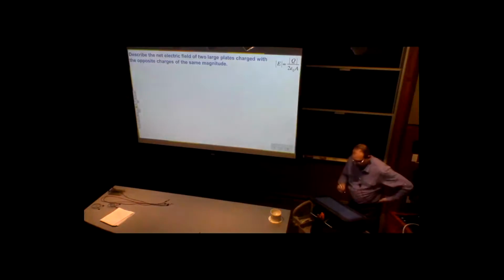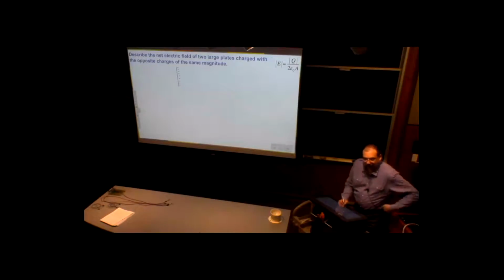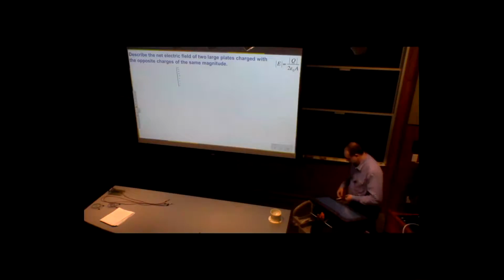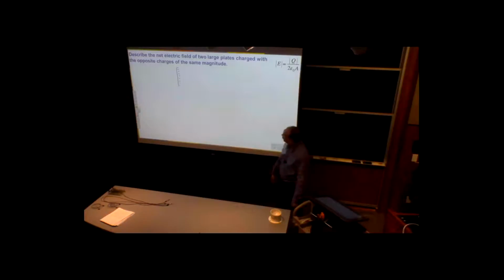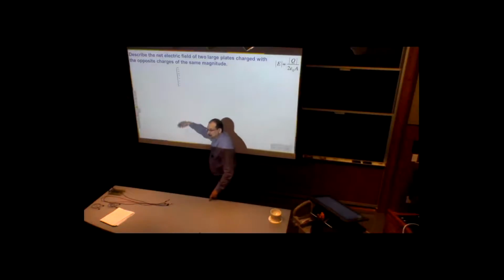So, what should we do? Well, we should just analyze each field individually. This is a negatively charged plate. Just a minute ago, we said that first, we treat this plate as huge. Huge means it's so large that we don't really see the edges.